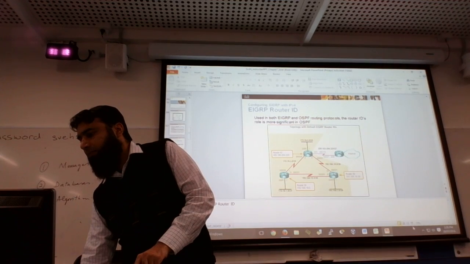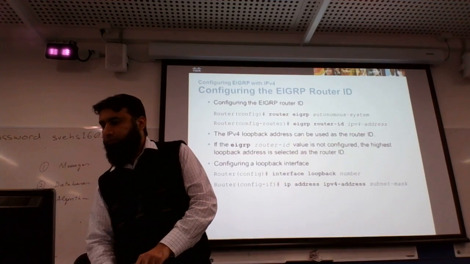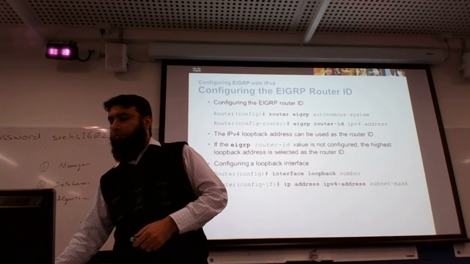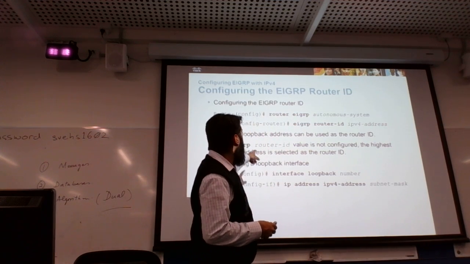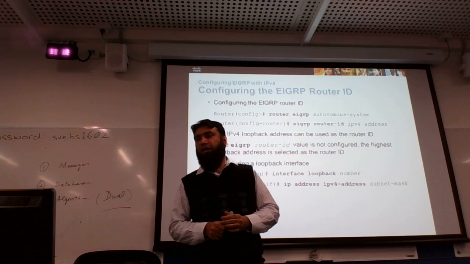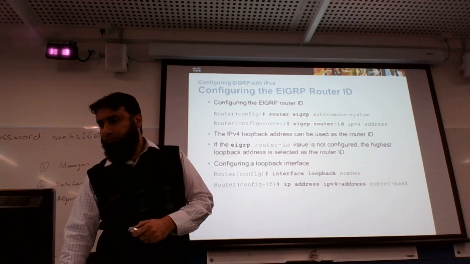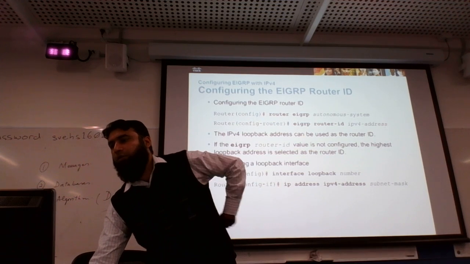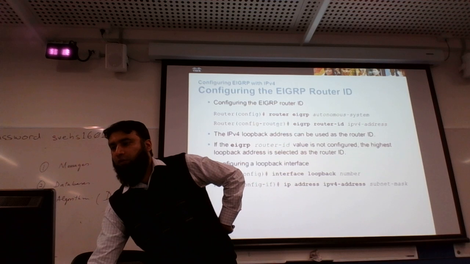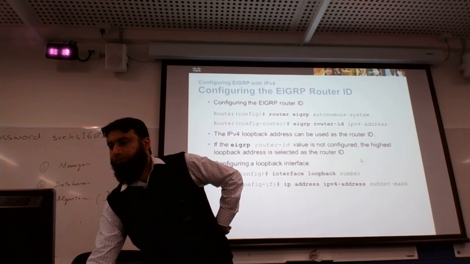But it is good to configure it, especially when we are doing some troubleshooting, it will help us. So with the help of the router ID command, we can assign a router ID to the EIGRP process or EIGRP router. So we can use eigrp router-id and then an IPv4 address.